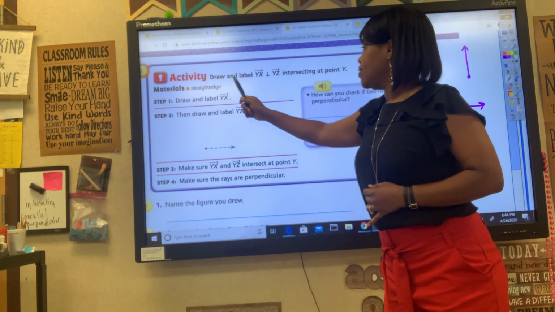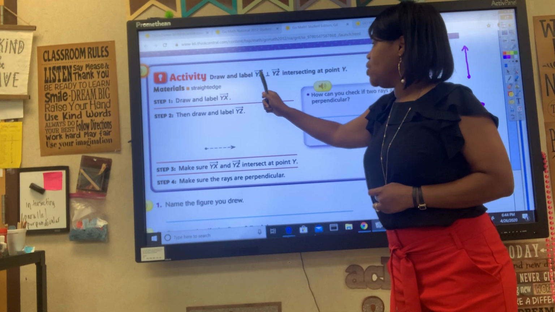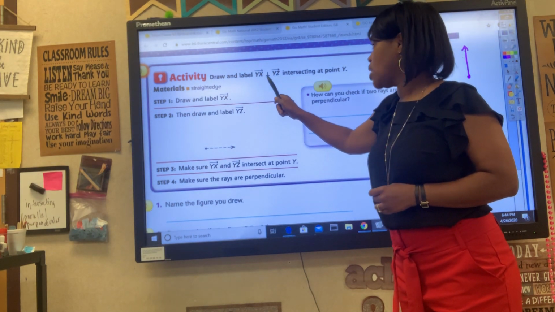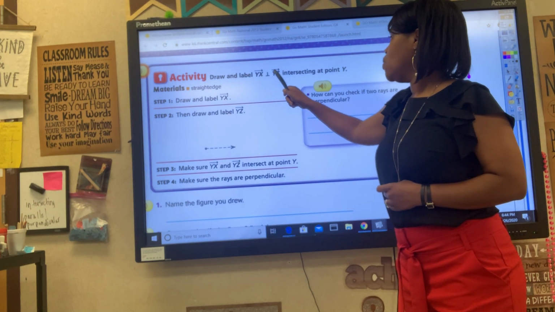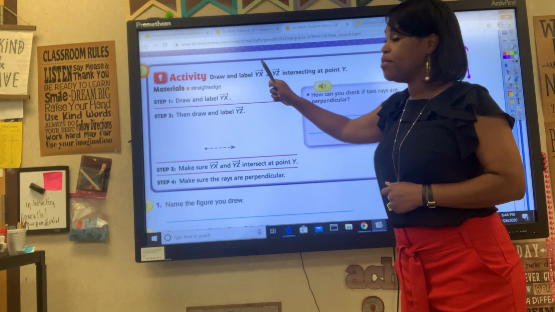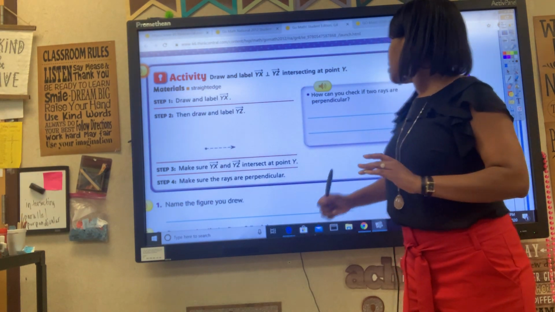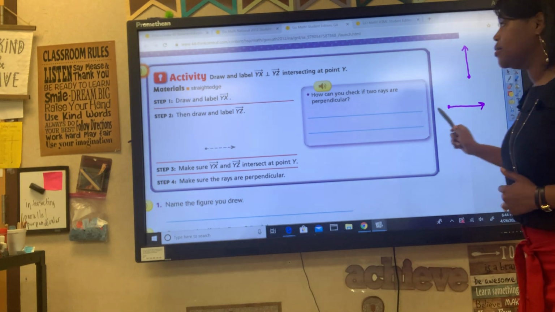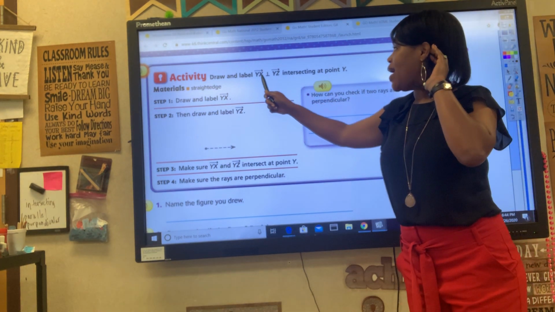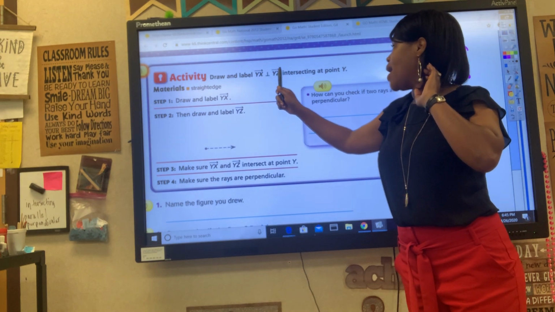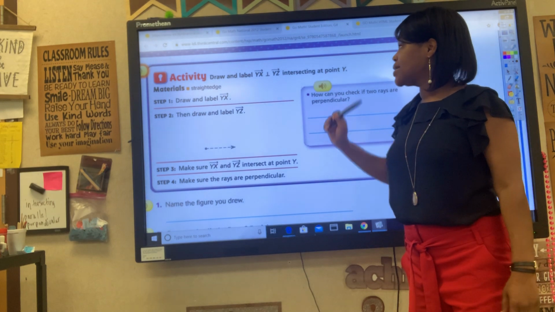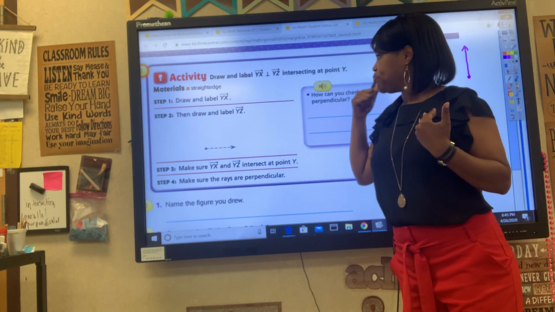So I would read this like this: draw and label ray YX is perpendicular to, this is the perpendicular symbol you saw on the other page, ray YZ. I'm going to read the line above it as the word ray, because this is the symbol for ray. A ray has an endpoint and a continuous line. Ray YX is perpendicular to ray YZ. They're going to intersect or cross at point Y.